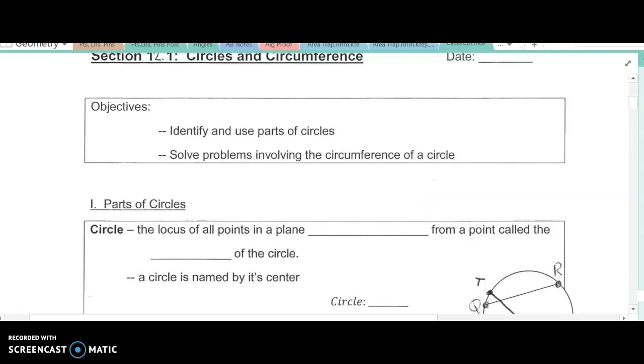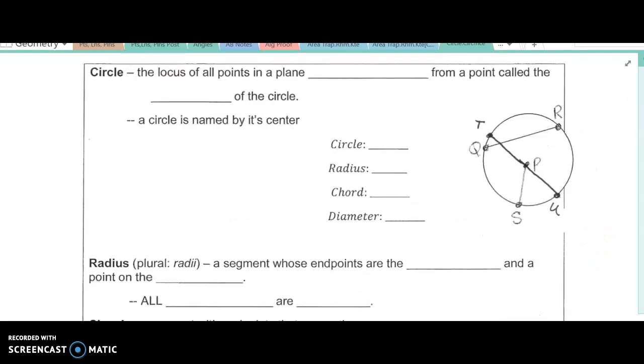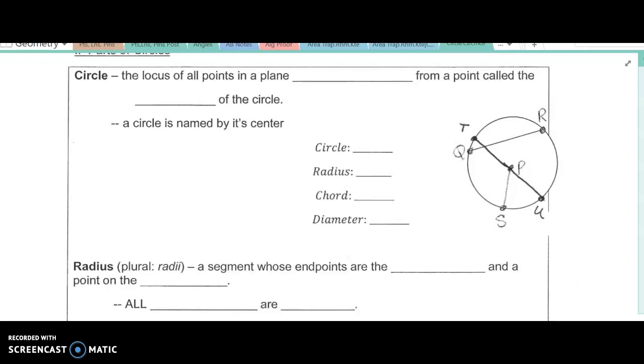Okay, so we're talking about circles and circumference in this lesson, and we've already talked about some of this, so some of it will be a little bit of a review. But we know that a circle is the locus of all points in a plane equidistant from a point called the center.